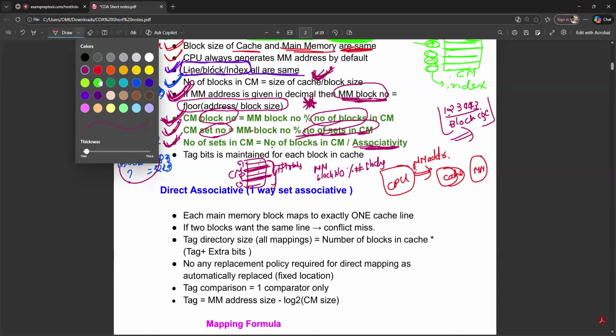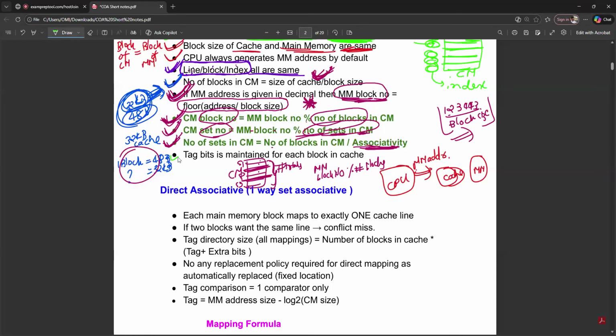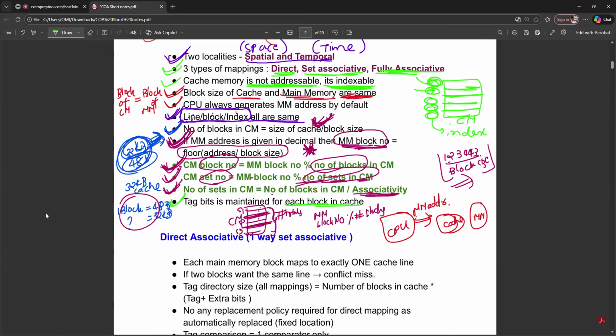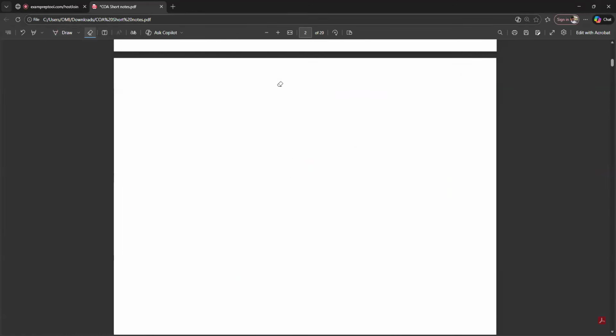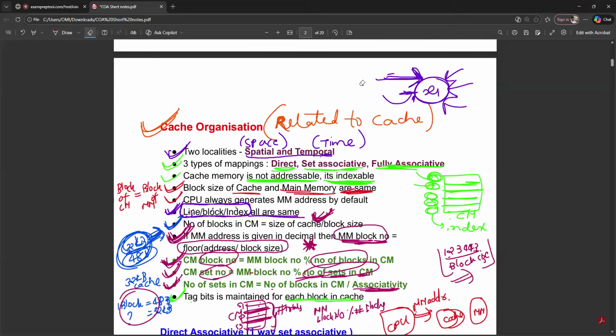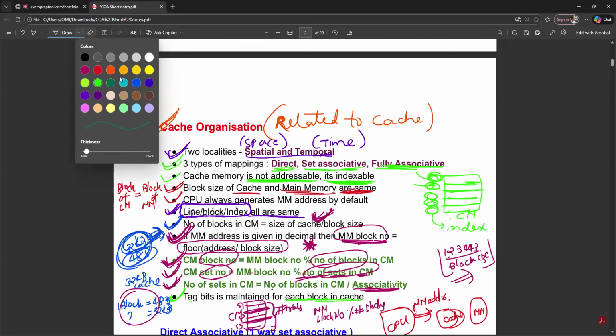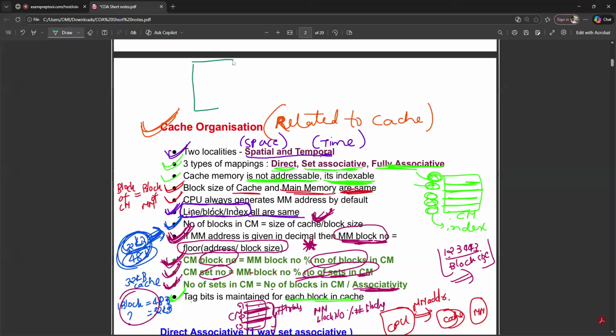Now, moving to the next point. What are the tag bits? Tag bits are maintained for each block in the cache. So if this is your cache memory, there are blocks given.